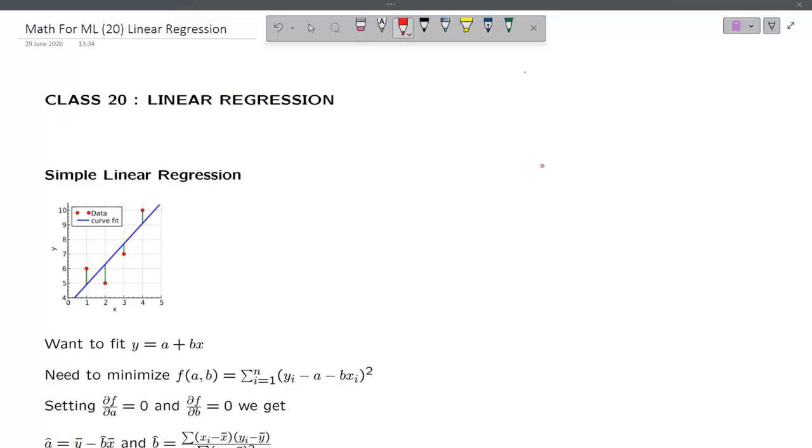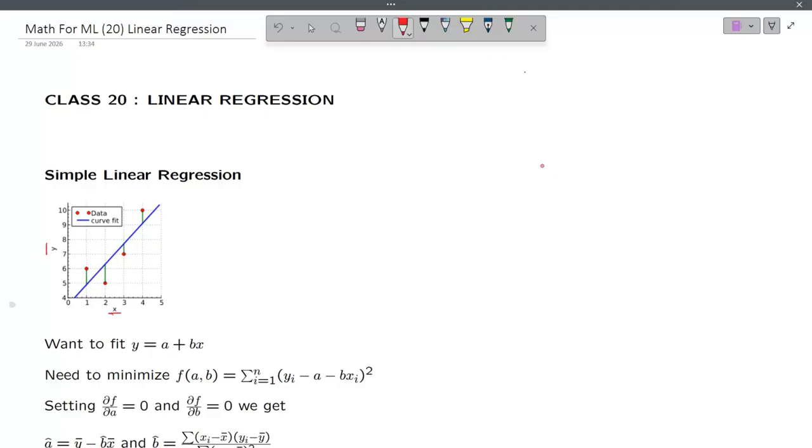We have two variates, x and y, say weight and the amount of milk a cow gives. So that's a bivariate data. And we have the scatter plot. We plot the weight of the cows on the x-axis, and on the y-axis we put the average milk per day we get from the cow.